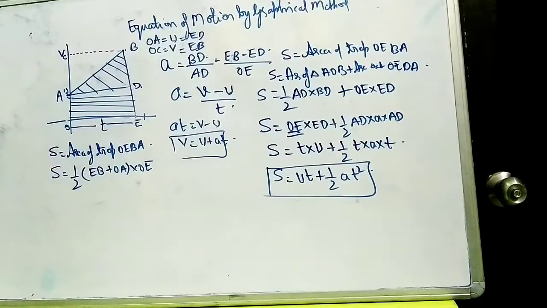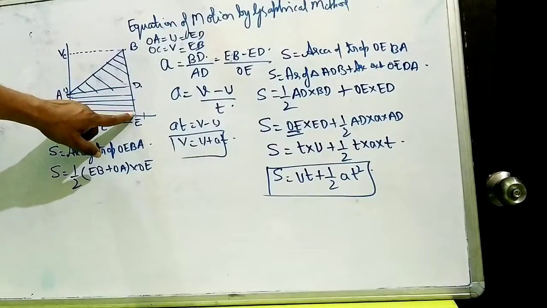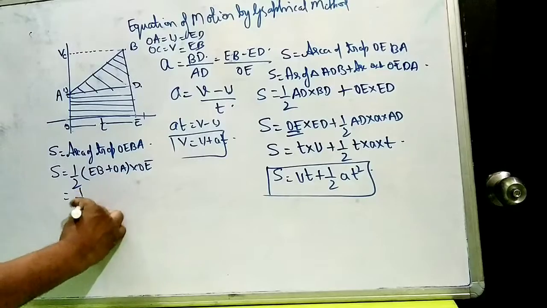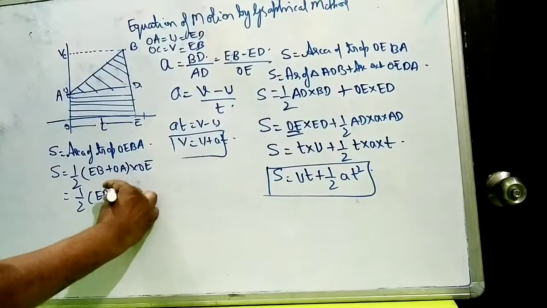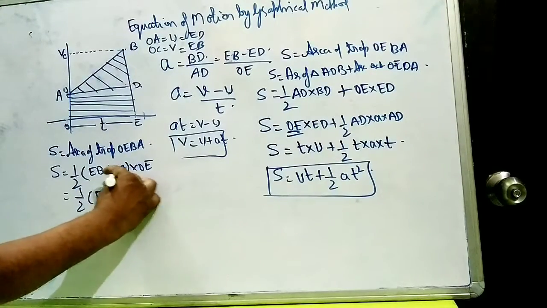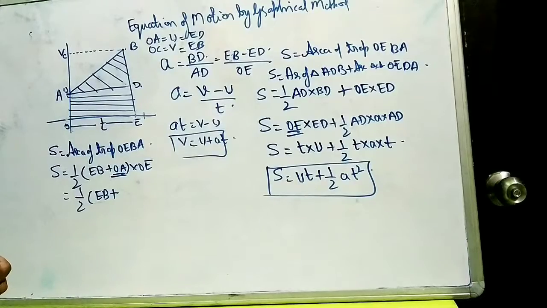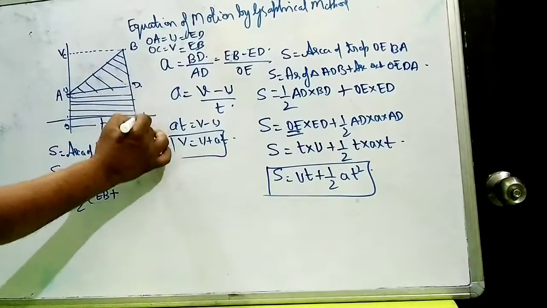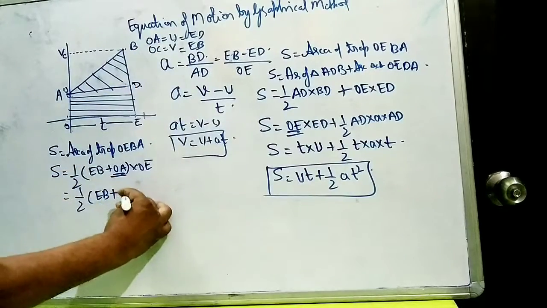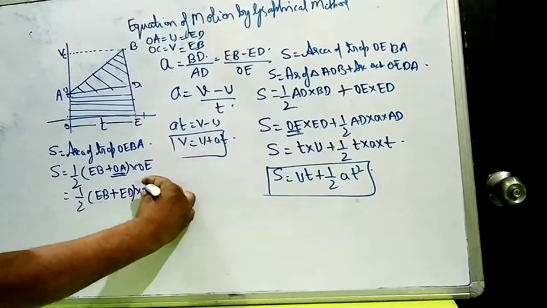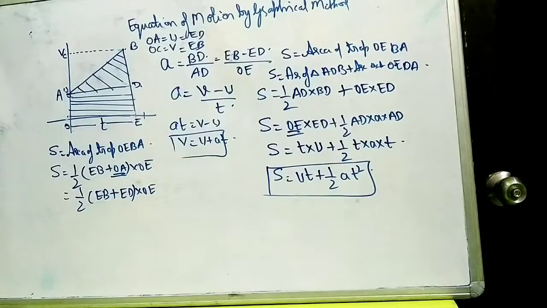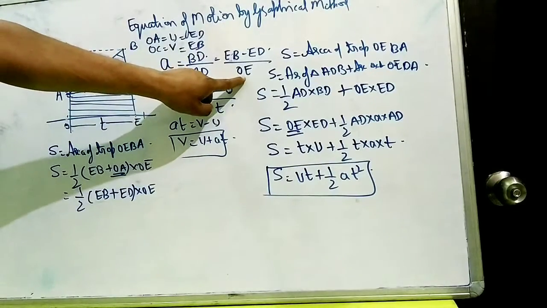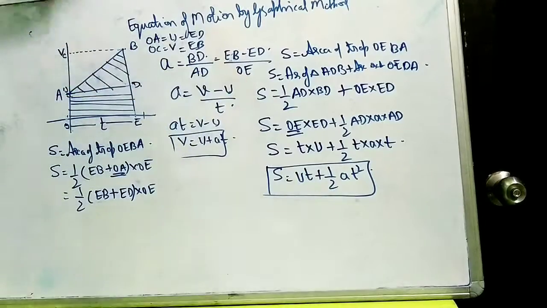Now in place of OA, what we can write? ED. So it is half EB plus, in place of OA, ED, into OE. Is this clear? One more thing, from the first diagram, what is the value of OE?